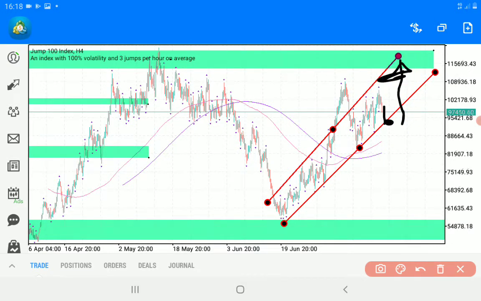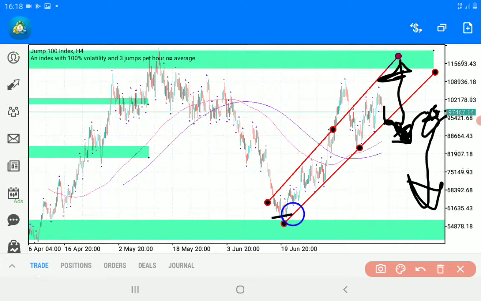If it happens to break your downward trend line, then you just wait for it to give you a confirmation by retesting, and then it goes down. So we would expect our TP to be somewhere here, right?